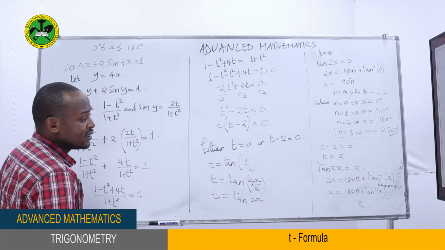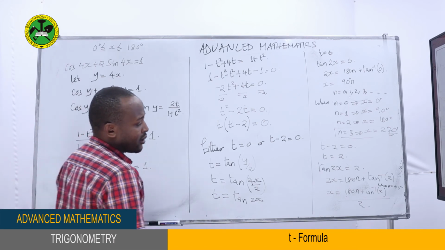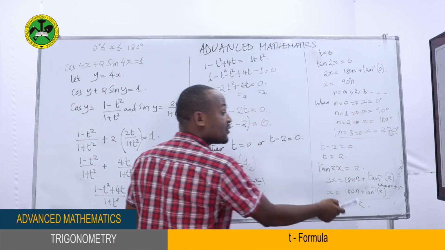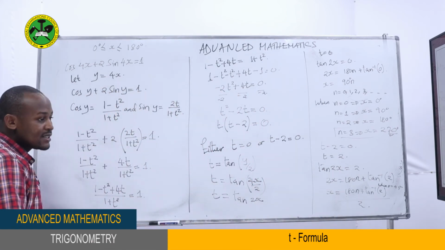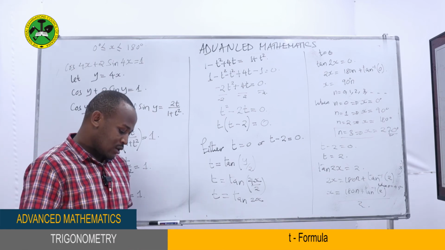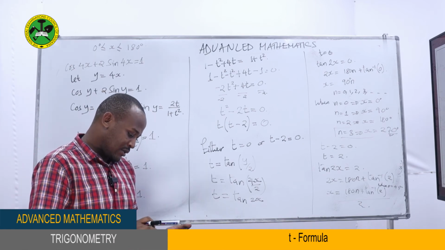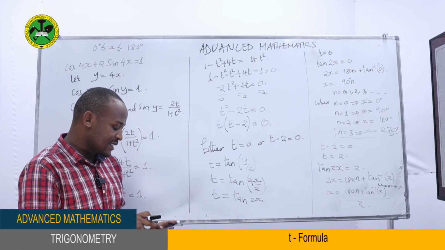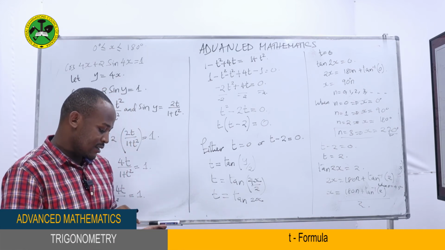Now let's see. 180 divided by 2, we know it's 90, but what is tan inverse of 2? Then we have to divide that by 2. Let's make good use of our calculators and find the tan inverse of 2. So shift to tan inverse, then 2, and the value is 63.4.